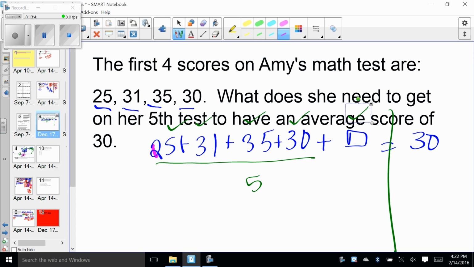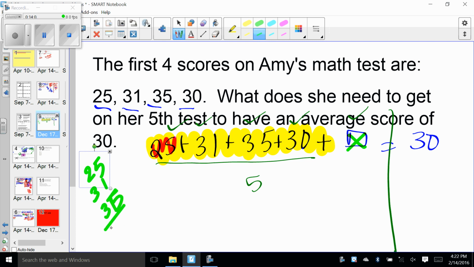So when she adds those up, 25 plus 31 plus 35 plus 30 plus this unknown x here. So we add those up, 25 plus 31 plus 35 plus 30. It looks like 121.